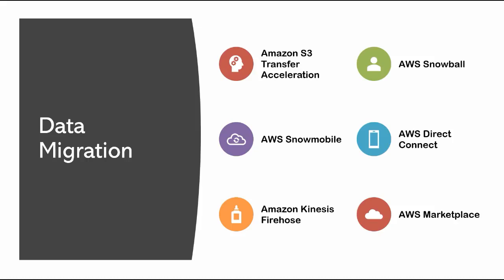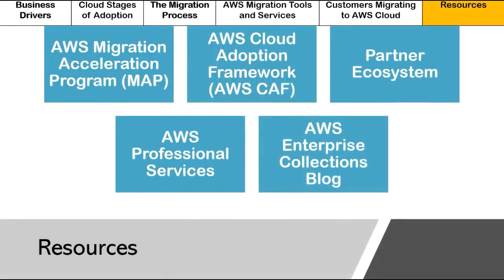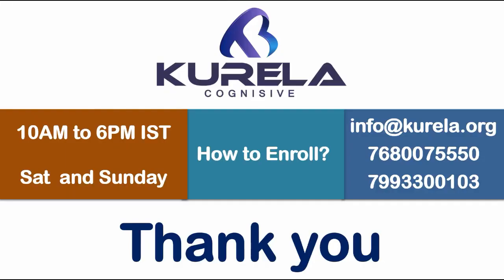But then, given a situation, which one would you consider and how you go about it is something that matters. Then, of course, like I said, the resources that you can use during your migrations to plan, to execute. Well, it depends, right?